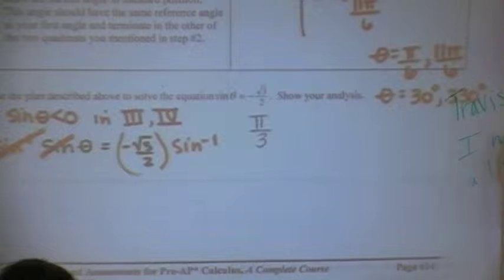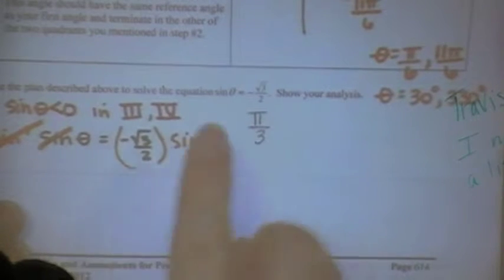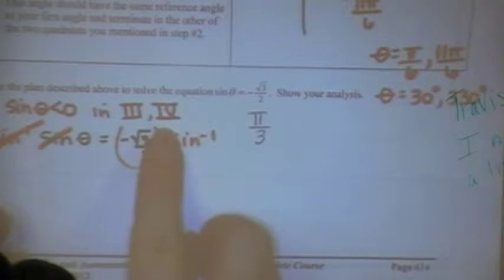So what's the denominator for this finger? Which one is this? 3. This is pi over 3. So now I'm going to write down pi over 3, but the problem is it's not pi over 3, because the next step says it should terminate in one of the 2 quadrants mentioned above, in step 2, and pi over 3 is not in 3 or 4.